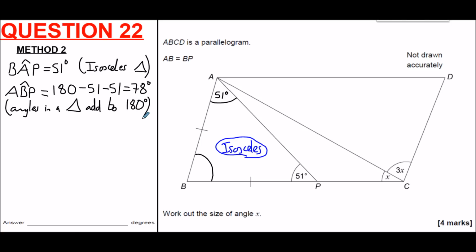Now I did say method 1 was not using any parallelogram facts. We're going to use some here for the second method. So first of all, we said that ABP is 78 degrees. So I'm just going to add this into what we know.